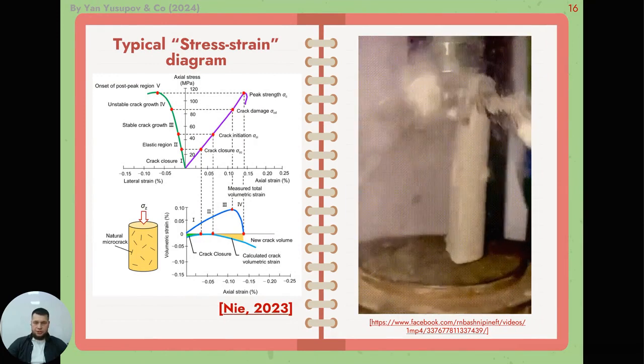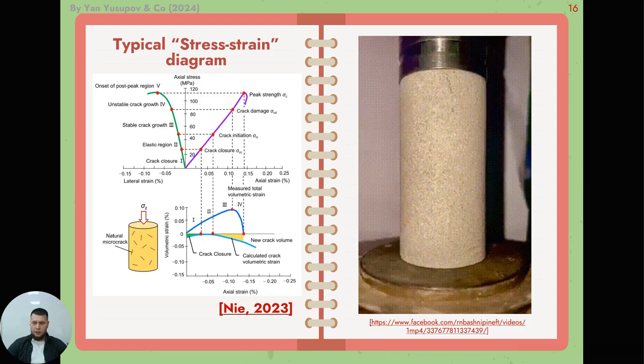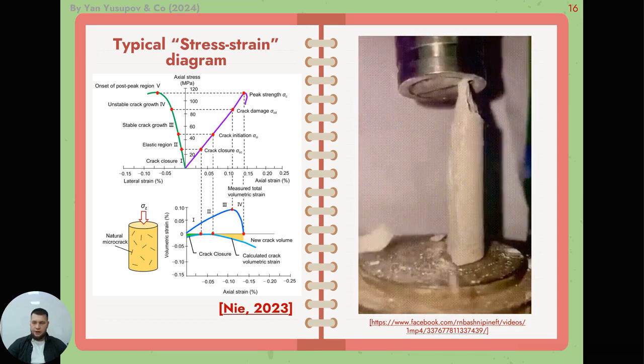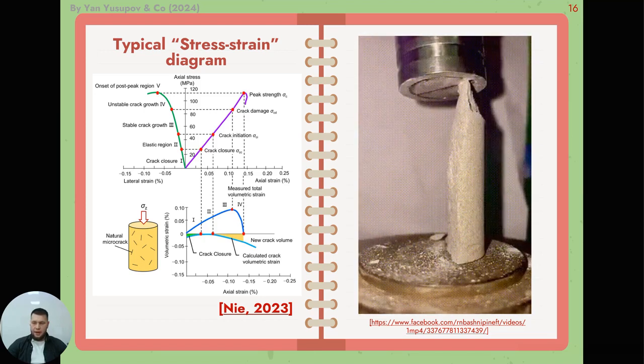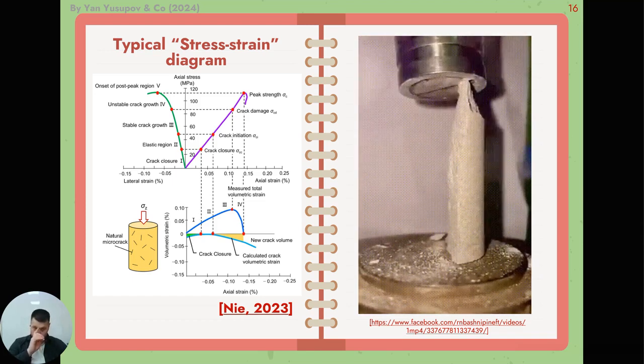This is a typical stress strain diagram and a video of the unconfined compressive strength test process. In the typical stress strain diagram, you see the experimental 5 stages that the rock undergoes.